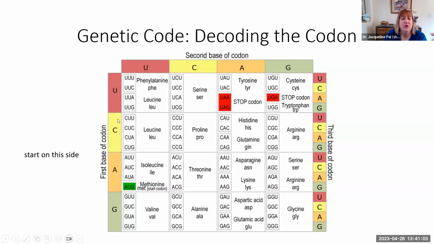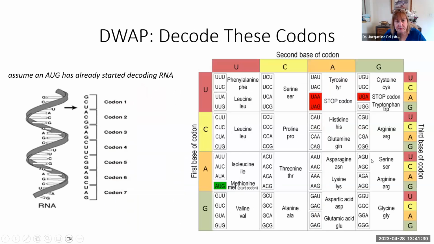Okay, and so you would go here to the yellow part, which is C, then you would go across to where the gold A is, and you would be in this square, and you're looking here for CAG, and what you notice is CAG will code for glutamine. Okay. So if there is a messenger RNA codon that's CAG, that means a glutamine is going to be attached to the amino acid chain.